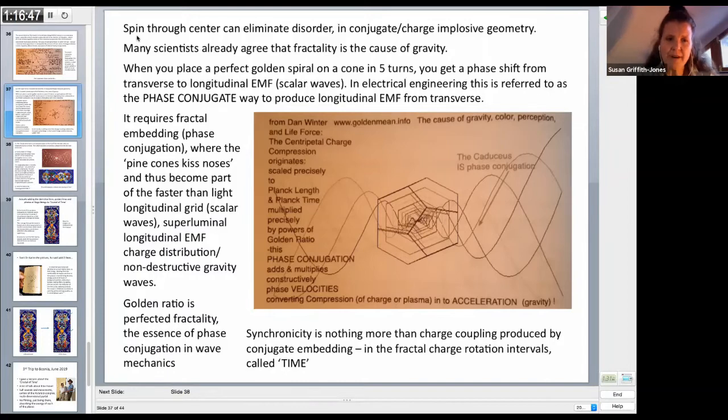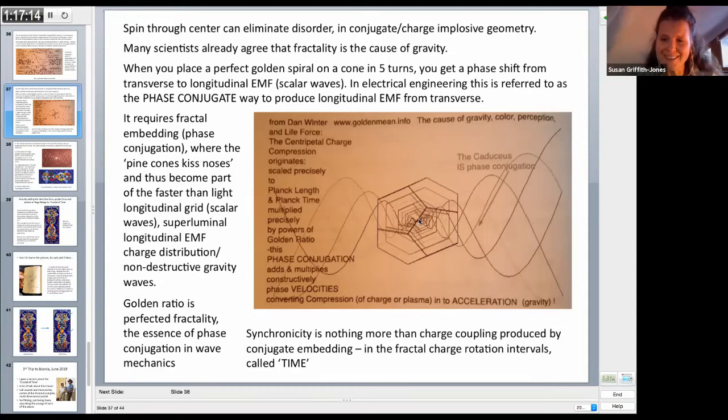It requires fractal embedding, phase conjugation, where the pine cones kiss noses. You can see these two cones where they come together at the center and thus become part of the faster than light longitudinal grid of scalar waves, superluminal longitudinal EMF charge distribution, non-destructive gravity waves. So this is how gravity is made and how consciousness is made.